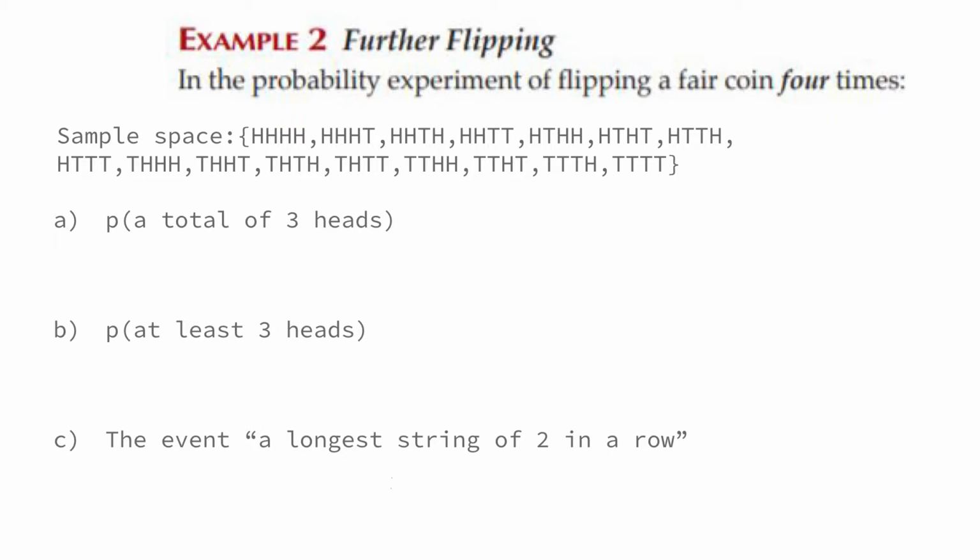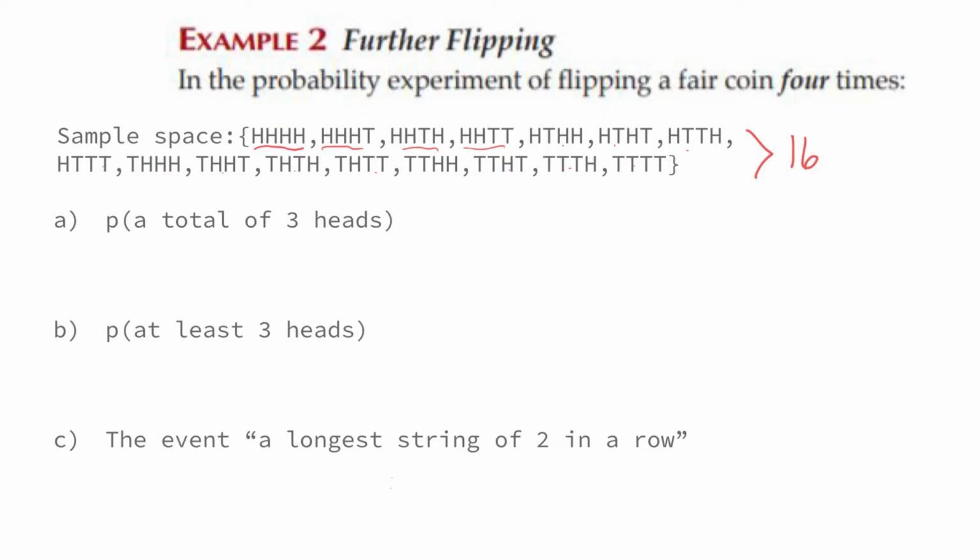If we count up how many total occurrences there are, there's 1, 2, 3, 4, 5, 6, 7, 8, 9, 10, 11, 12, 13, 14, 15, 16. So there's a total of 16 different ways that this coin flip can go.